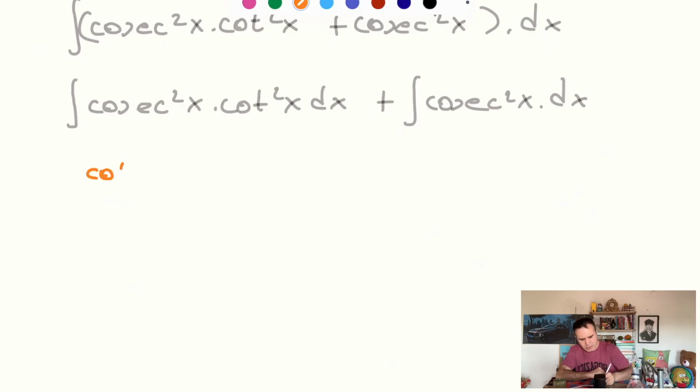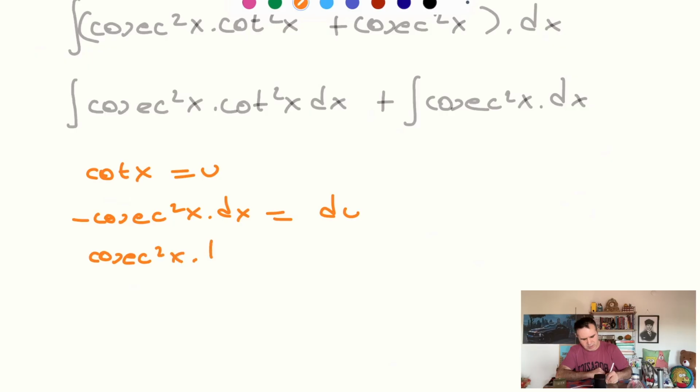Let's say cotangent x is equal to u, then take the derivative of it, and minus cosecant square of x dx will be du. Then this means cosecant square of x dx equals minus du.